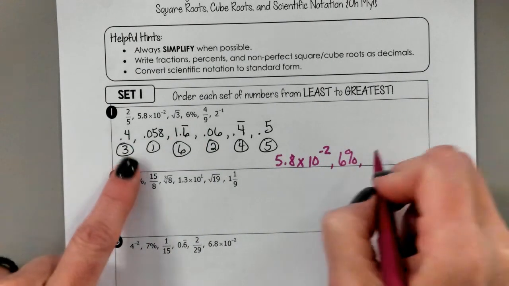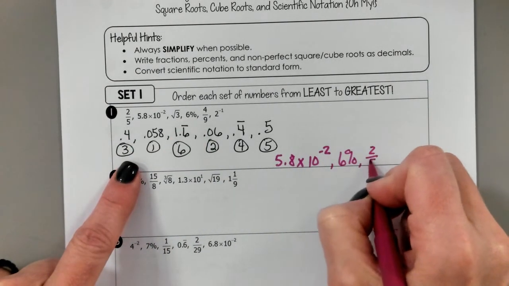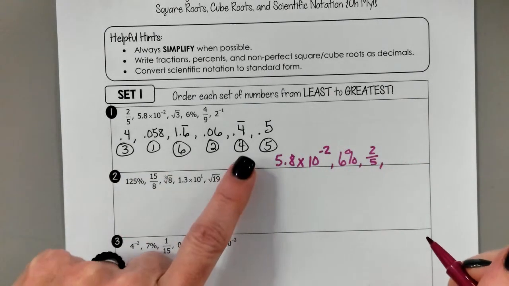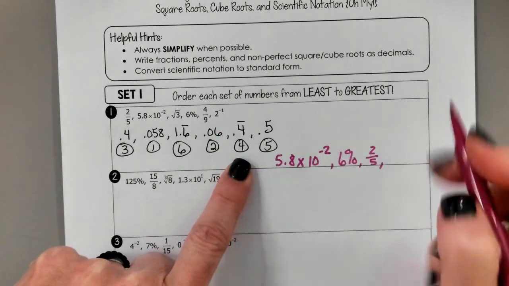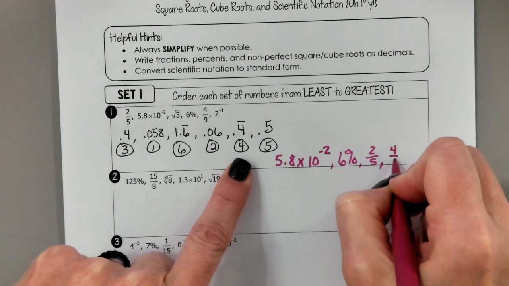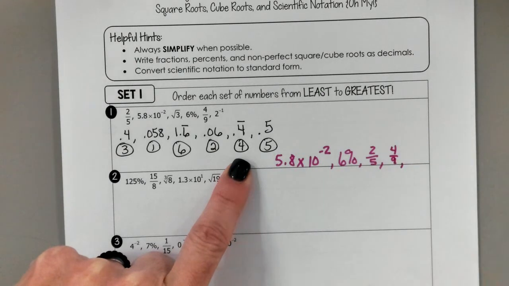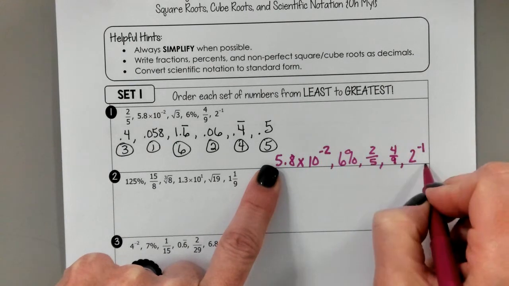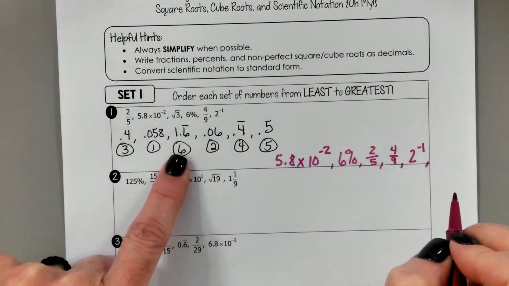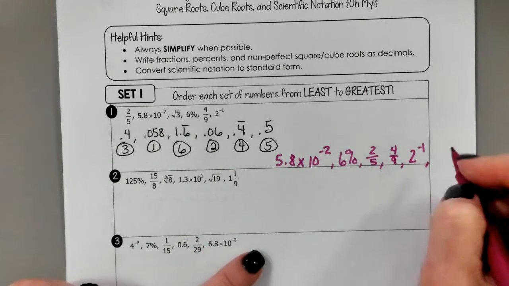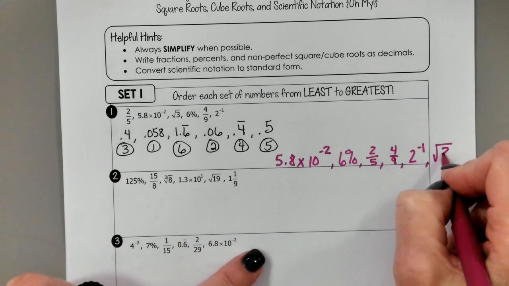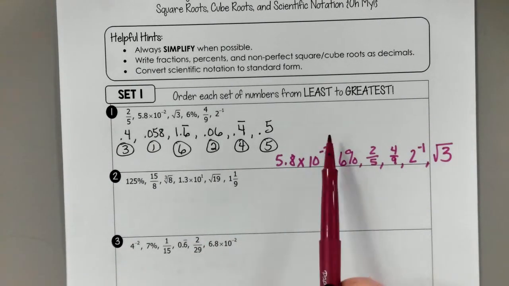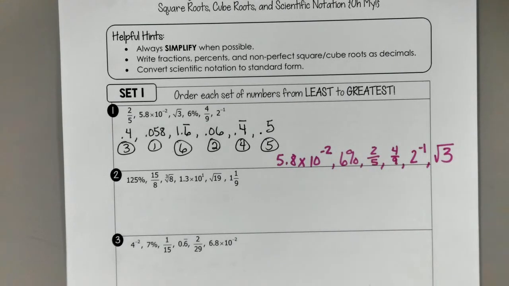My third number was the 2/5. My fourth number was the 4/9. Fifth number was 2 to the negative 1. And my sixth number was the square root of 3. So there's my numbers from least to greatest.